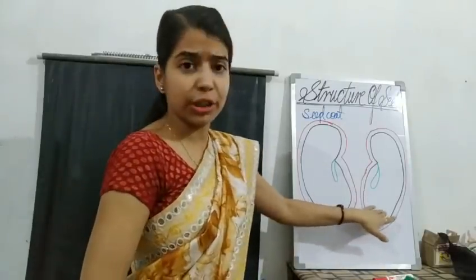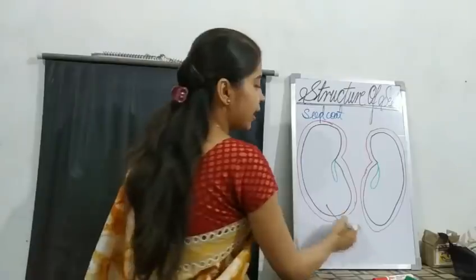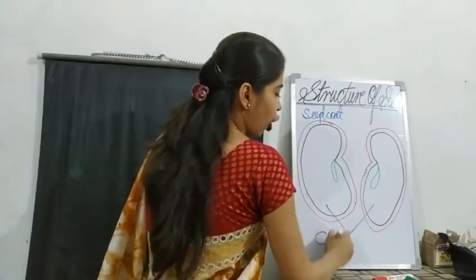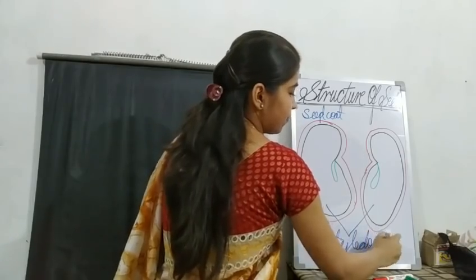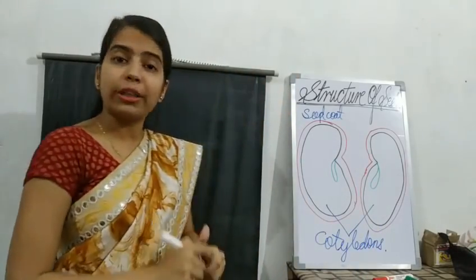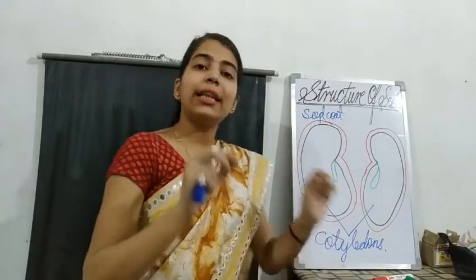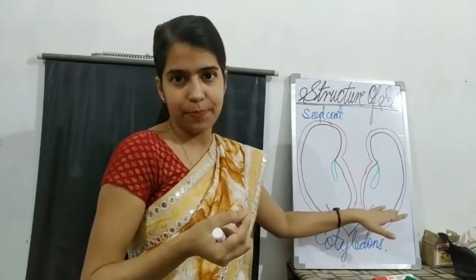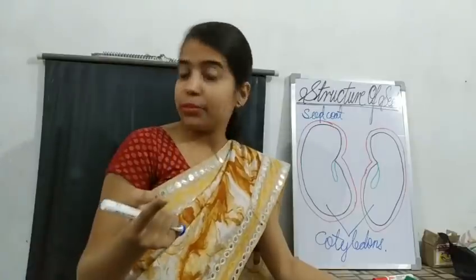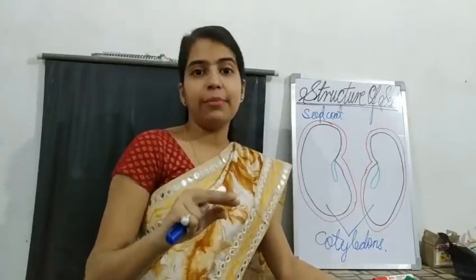So this structure that you see inside is called the cotyledons. In some seeds, they can be split, meaning you can find two cotyledons inside. Like the gram that can be split, kidney beans can be split.